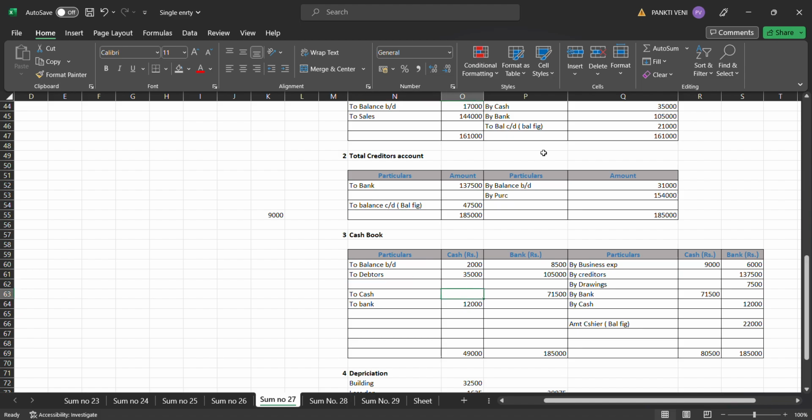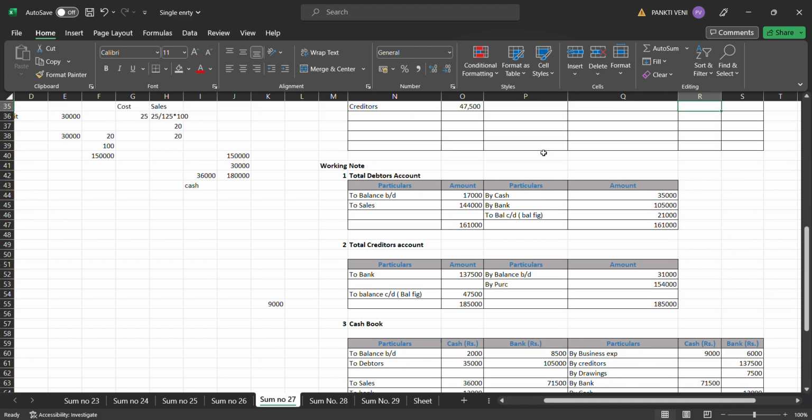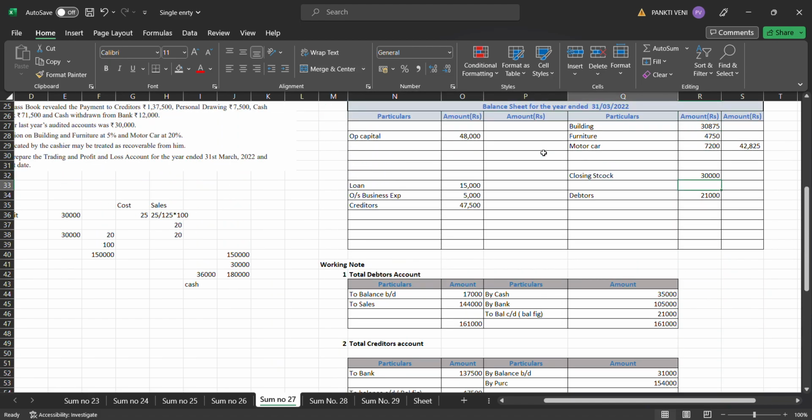I've missed out something: 2,000, 35,000, 36,000. Cash sales I have not noted down here. So cash sales 36,000. So I'll get 85,000 minus 8,500, so 4,500. Okay, so I got my balancing figure, 4,500, and 22,000 as amount recoverable from cashier.